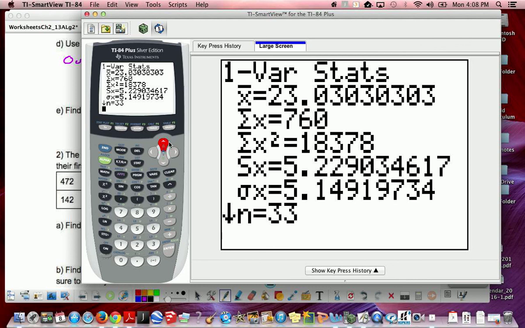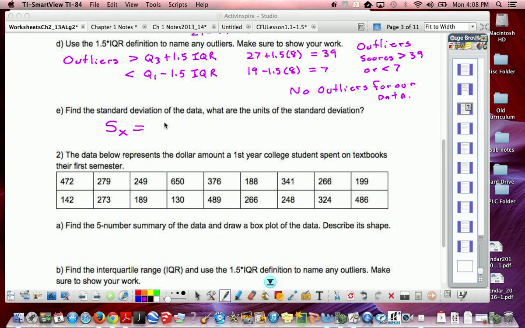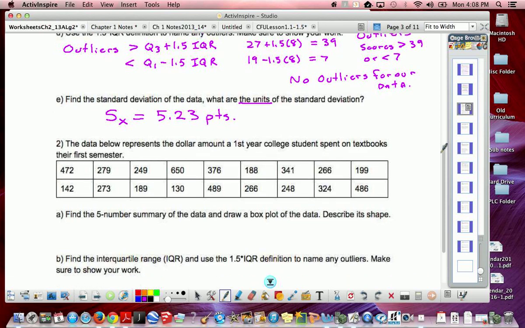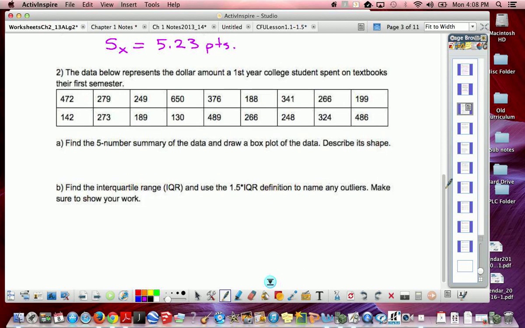I'll round it to 2 decimal places and say that it's 5.23. And then we're looking at the units. The units here, I would consider them to be points since we're talking about ACT score. So we figure that they're using some sort of standardized point system. That takes care of number 1.